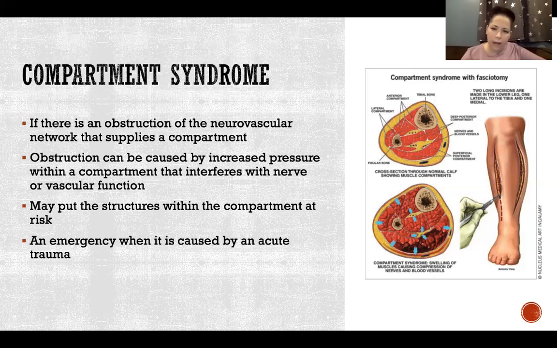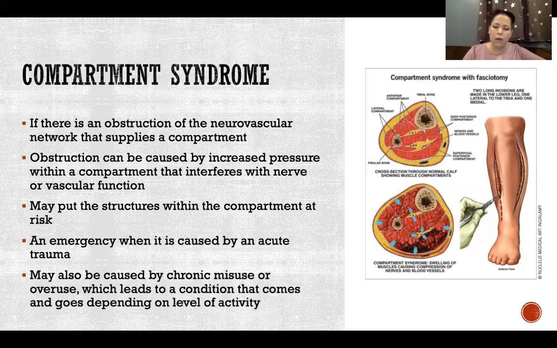Now, with that said, that's in the case of an acute trauma that caused it. So some kind of car accident or athletic injury or something like that. It also can happen in a chronic sort of situation, in which case it is not a medical emergency. So compartment syndrome can also have a chronic misuse or overuse cause.